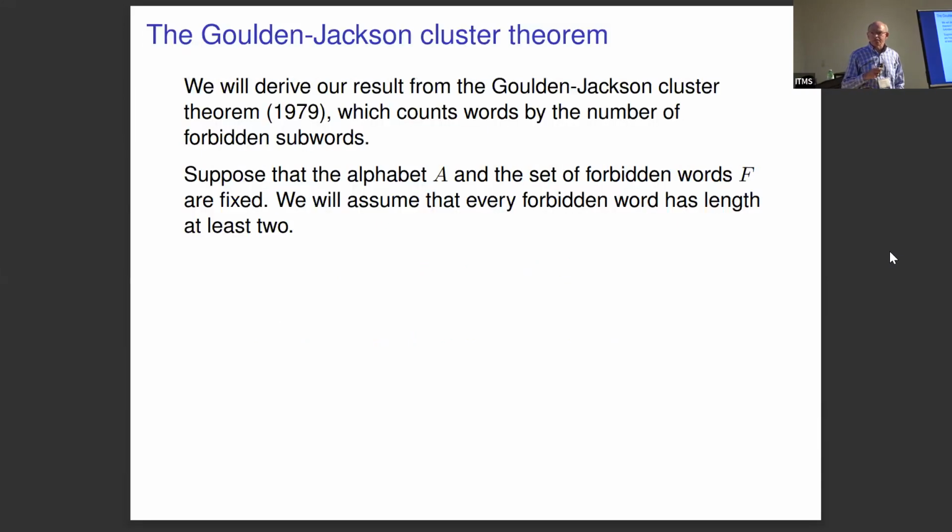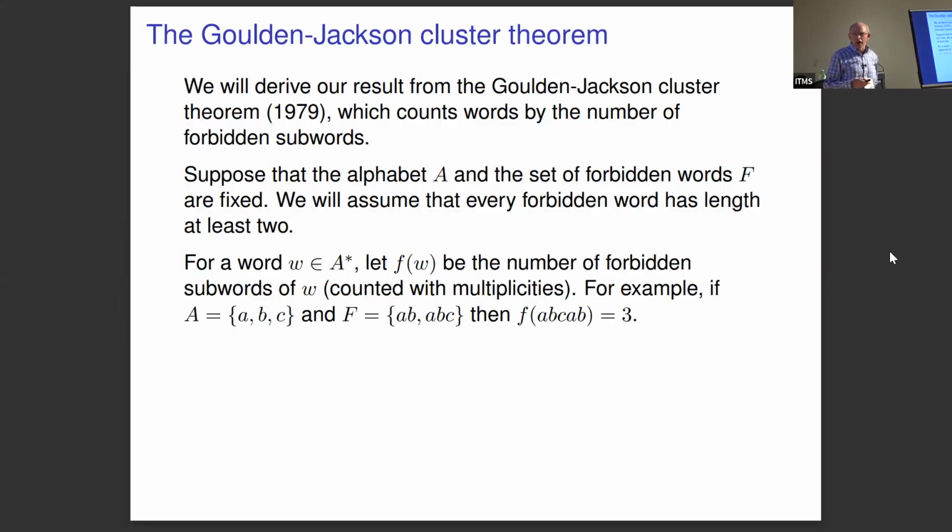So we'll suppose that the alphabet A is fixed and the set of forbidden subwords is fixed, just so that I won't need to mention them again. And I'll also assume that every forbidden word has length at least 2. If a single letter is forbidden, it's not very interesting. I mean, you can deal with that easily. So it'll make things a little easier.